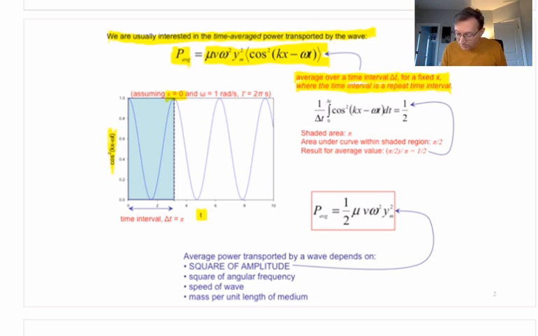Makes it easier. In order for you to see the graph, I picked omega to be 1 radian per second. Since omega equals 2 pi over the period, that's equivalent to picking the period to be 2 pi seconds. And then I plotted, using the program called Mathematica, cosine squared of kx minus omega t, with x equal to 0 and omega equal to 1.